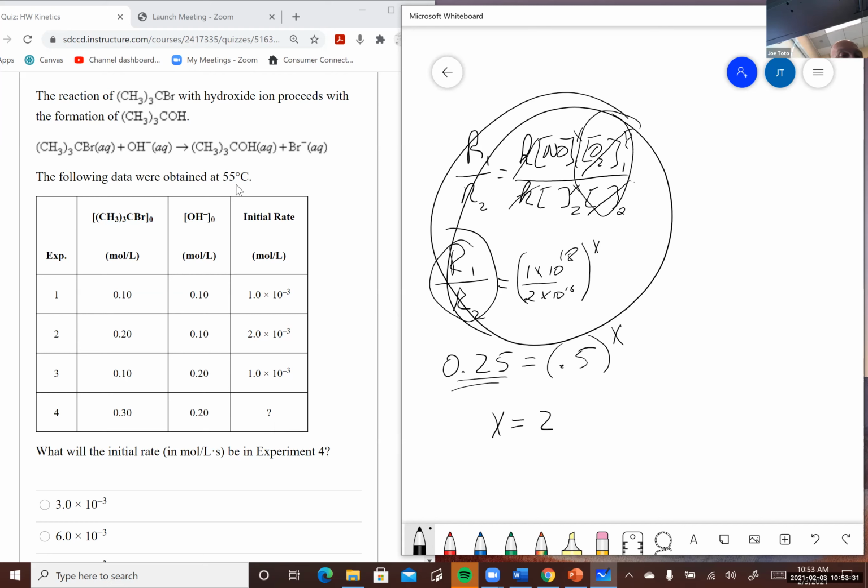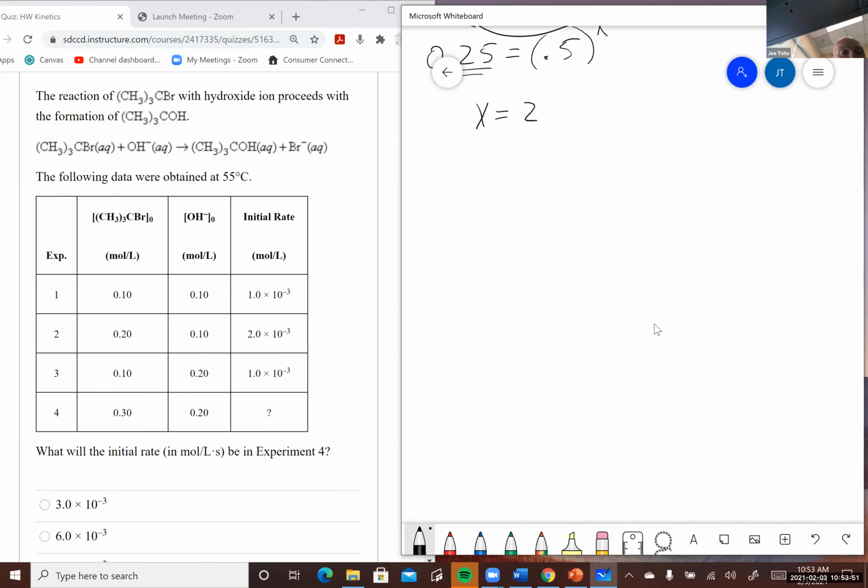So do you guys kind of have an approach for this? Yeah, okay, good. So you're going to use those first 3 experiments to find the rate law, and the rate law is going to have the form, for this problem, the rate is going to look like K times the concentration of CH3Br to some power times the concentration of OH minus to some power.